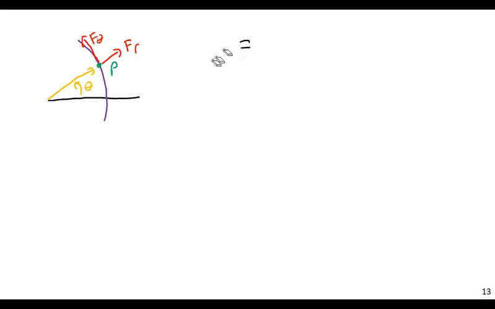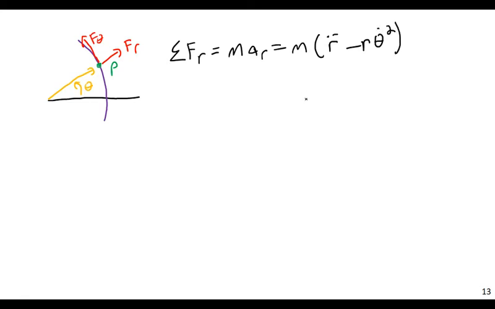Summation of forces in the r direction is equal to m a r, which is equal to m times r double dot minus r theta dot squared.